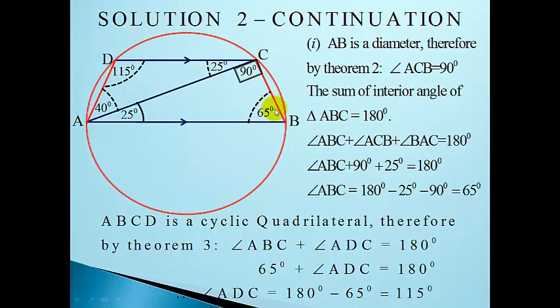That means that 65 degrees plus angle ADC, the angle at D, is equal to 180. So making angle ADC the subject, 65 degrees on the left hand side becomes minus 65 on the right hand side. And so angle ADC is equal to 180 degrees minus 65 degrees. And the answer is 115 degrees. And that is how come we have angle ADC, the angle at D, to be 115 degrees.